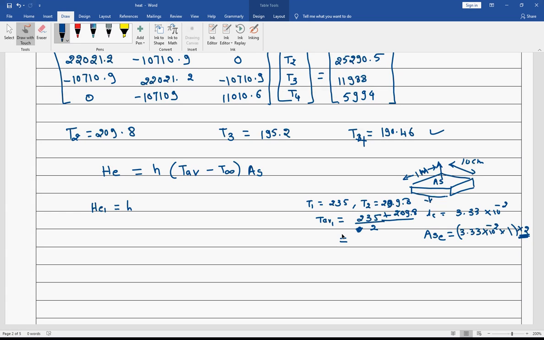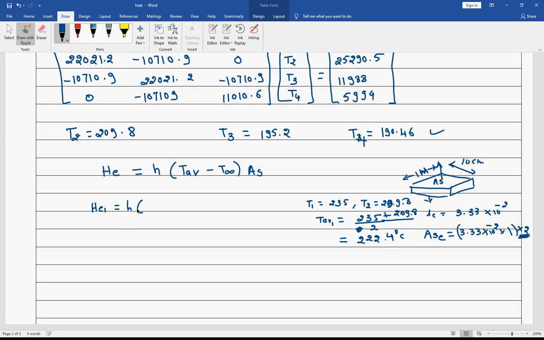Okay, I made a mistake. 235 plus 209.8 divided by 2. So I got 222.4 degrees Celsius.